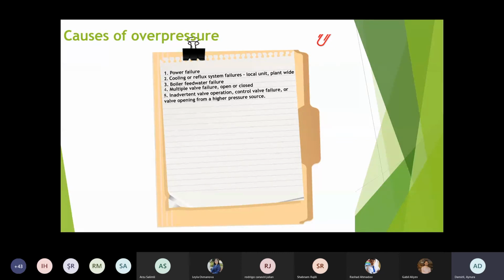Failure of automatic control. The issues that can be covered under this cause are potential failure of instrument systems, including safety instrumented systems.